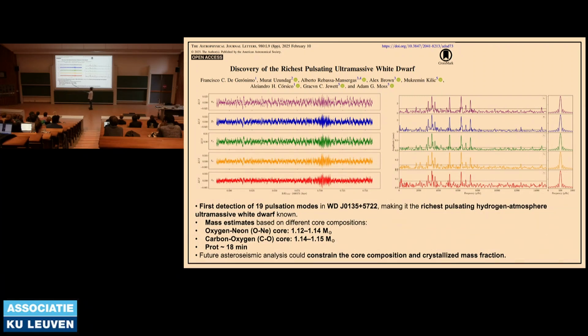Using the evolutionary tracks, if we assume a carbon-oxygen core, we found 1.14 and 1.15 M-sun. If you assume the core is oxygen and neon, we have 1.12 and 1.14 M-sun.